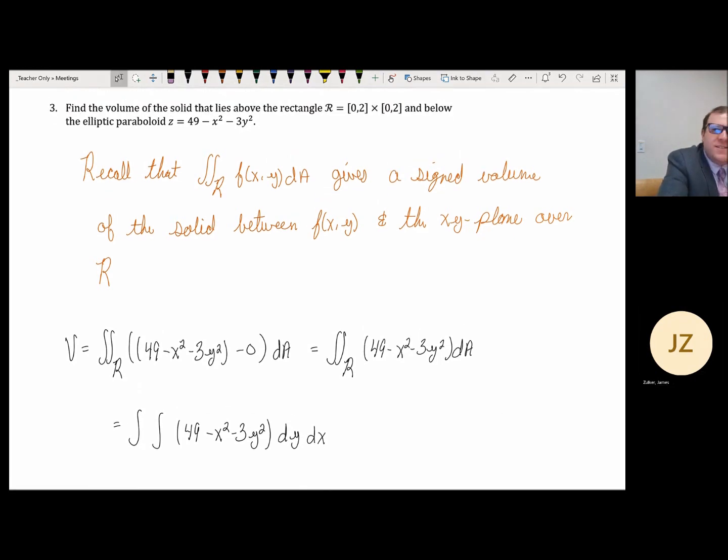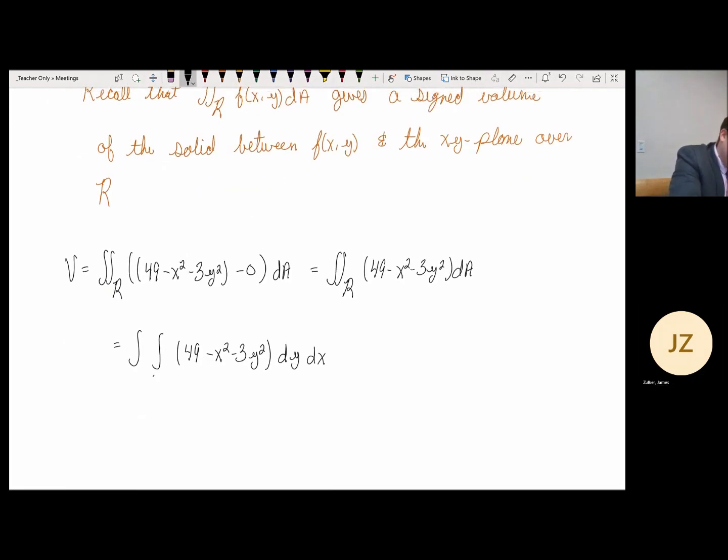Bounds for y. And then bounds for x would also be 0 to 2. So there's your iterated integral setup. Sadly, there's nothing we can factor out.